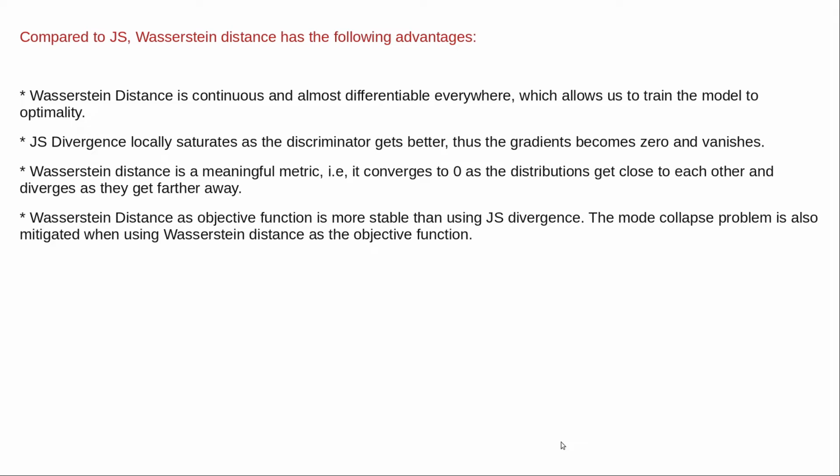So the problem of vanishing or exploding gradients comes into play. Then, the Wasserstein distance is a meaningful metric. It converges to zero as the distributions get close to each other and diverges as they get further away. And lastly, the Wasserstein distance as an objective function is more stable than using JS divergence. The mode collapse problem is also mitigated when using this distance.